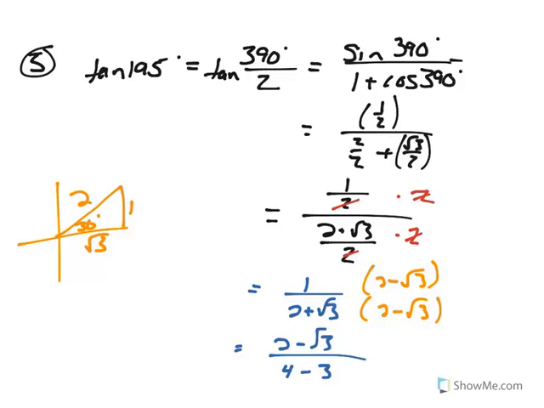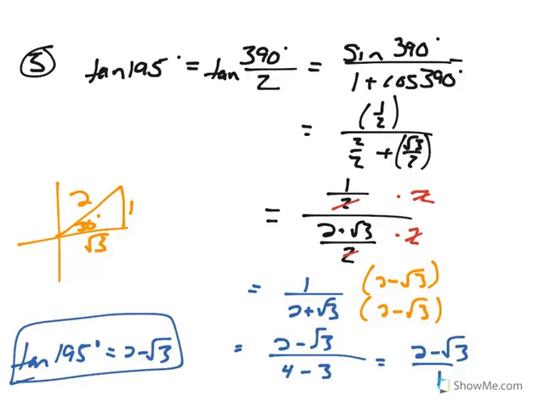So it's going to be 4 minus 3. So then that simplifies to 2 minus the square root of 3 over 1, which of course is 2 minus the square root of 3. So tangent of 195 equals 2 minus the square root of 3.